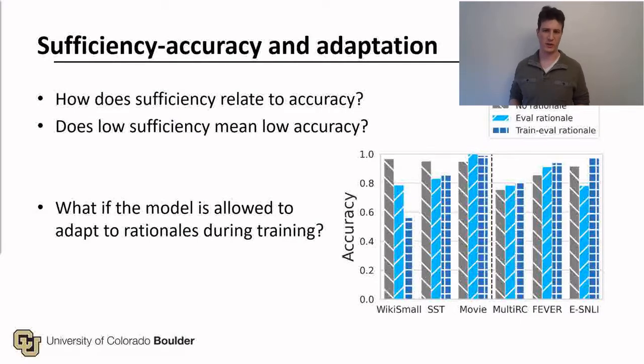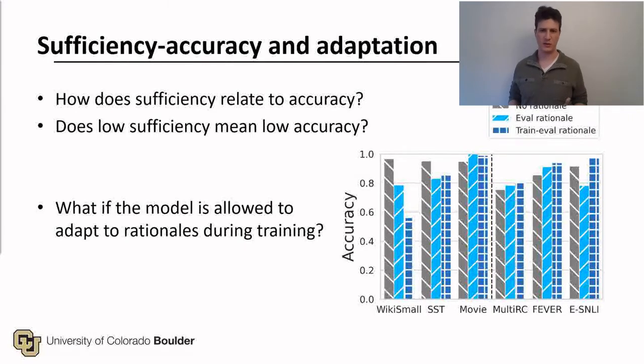A major sticking point in interpreting fidelity scores is the question of their practical implication. Does a low sufficiency score really matter, or does it just mean that the classifier is less confident about the correct class? And how does it affect matters when the model is allowed to adapt to the presence of rationales, as in the case for rationale architectures?